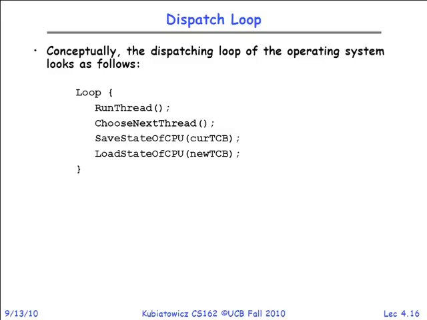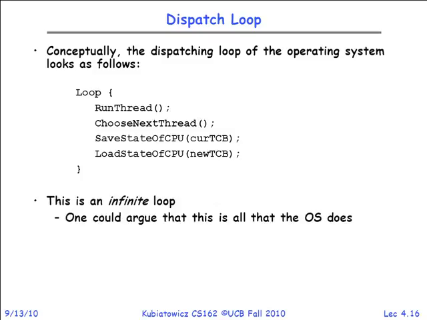Your final will be on the 17th of December. So this is an infinite loop because over and over again you pick another thread and you run it. Perhaps one could argue that this is all the OS does, but don't argue about it too hard because you'd put me out of a job.